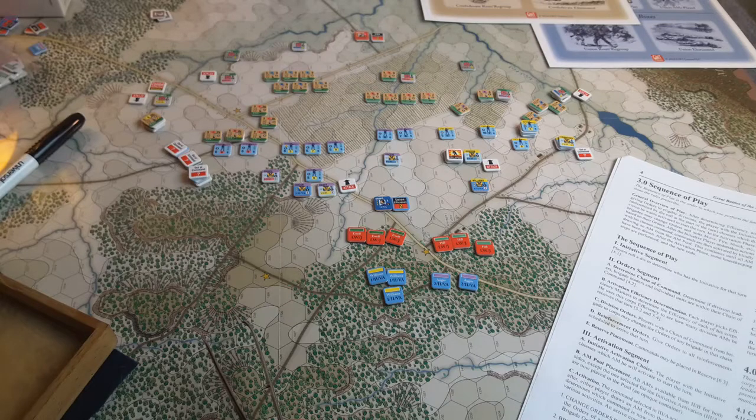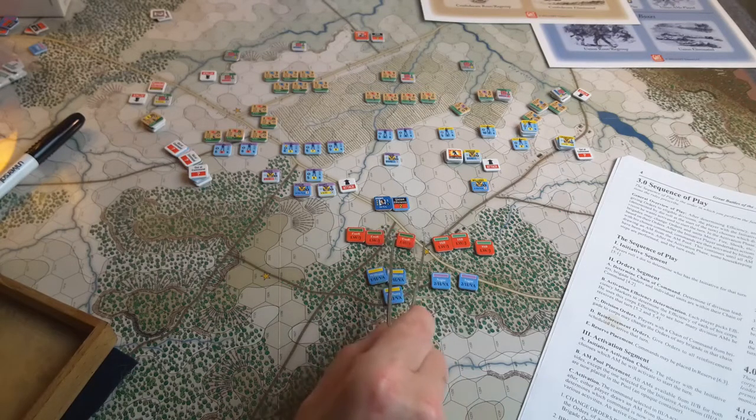I want to use him first. Although that said, I would like to get Trimble's brigade in order. Maybe I can move him now, activate his brigade. This whole division, in fact, could activate first and do their thing. Maybe I'll do that instead. Either way, it's kind of important and would be beneficial to the Union. So I think I'm going to take Yule. We're going to do Yule first.